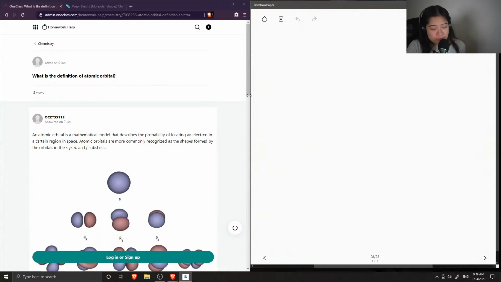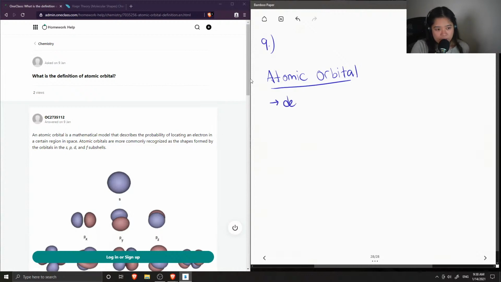Okay, so question number 9. What is the definition of atomic orbital? Okay, so we have atomic orbital, so this can help describe where an electron is likely to be found in an atom.